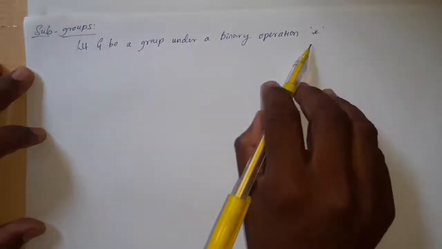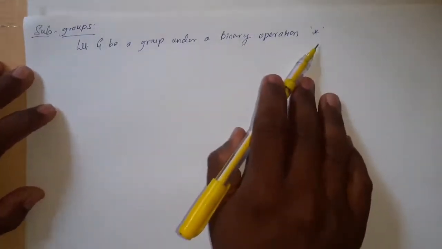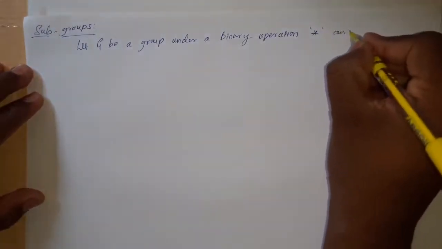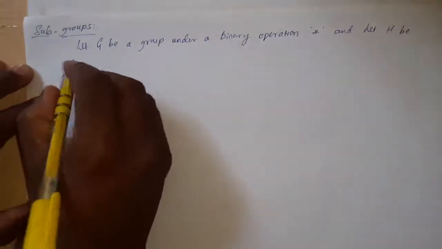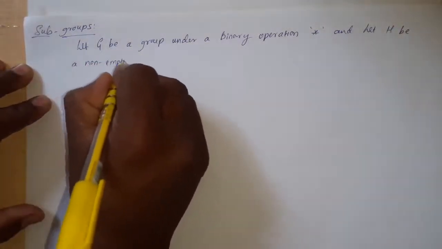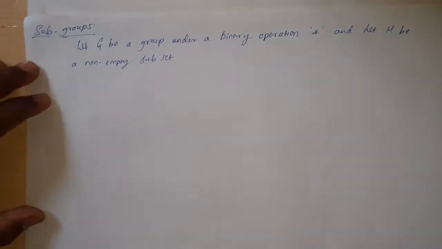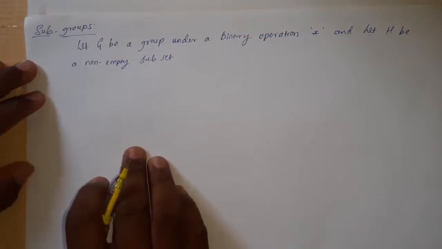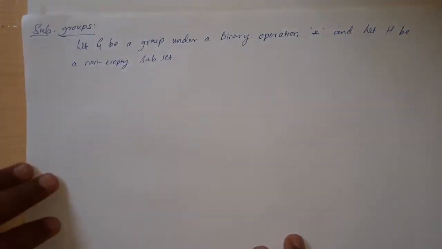So, this is the binary operation and G is a group under this binary operation, and let capital H be a non-empty subset. So, here G is a group under the binary operation star and H is a non-empty subset of G.